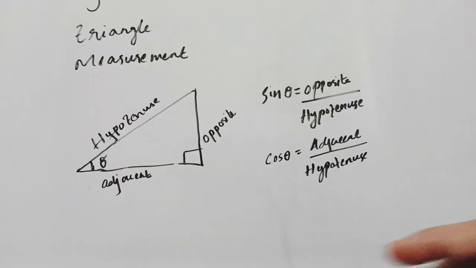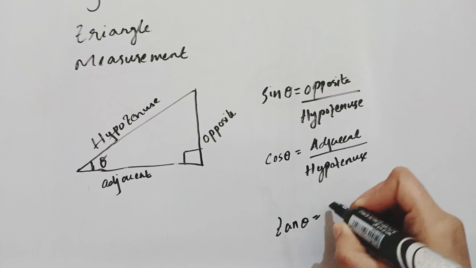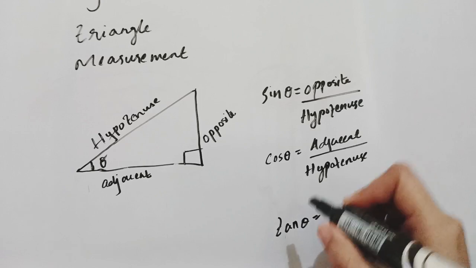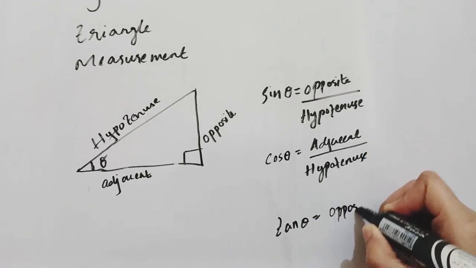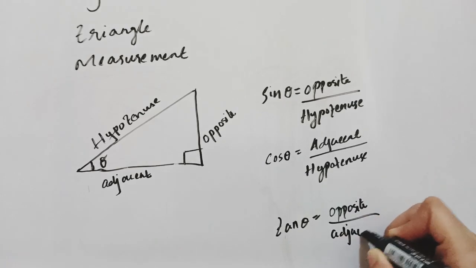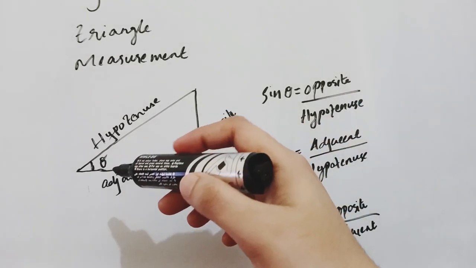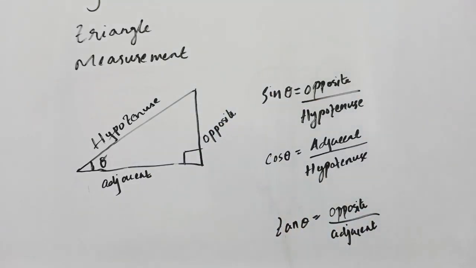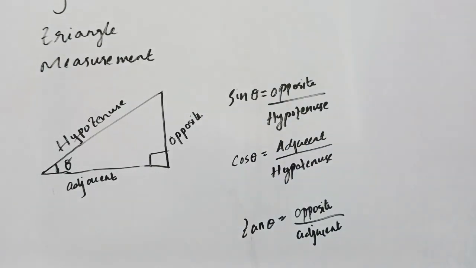Then next the tangent function, that is tan theta equal to sin theta by cos theta, or we can write opposite side by adjacent side. The remaining functions are defined from these 3 functions.